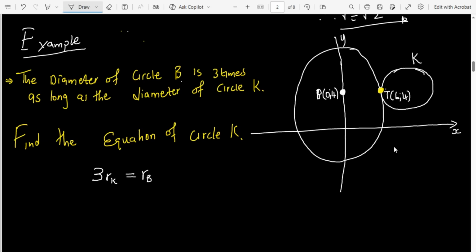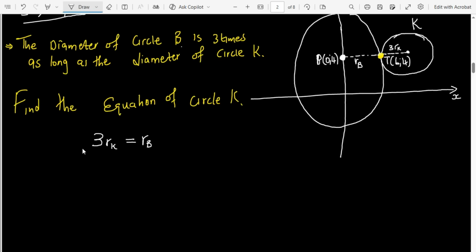Remember the radius: if this line here is my radius and this is my center, this is R, the radius of B. So I'm saying the radius of B will be 3 times the radius of K. I hope you understand what I'm trying to do. So this is the trick in this question. If you understand the trick, then you are good to go.